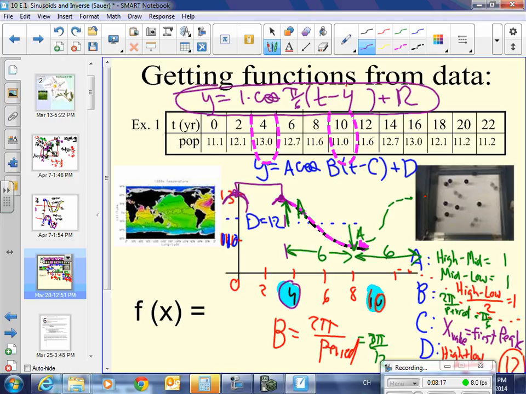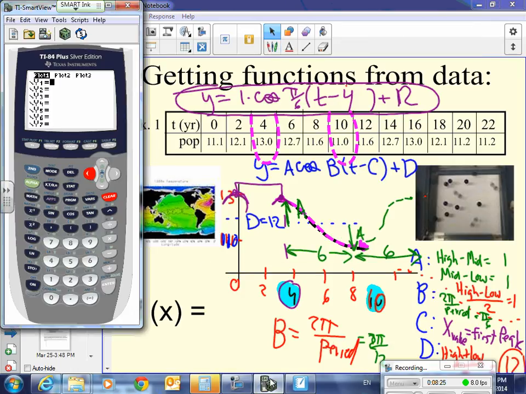But wouldn't it be cool if we could actually test it to see how well it fit? It's real data. Maybe it doesn't fit very well. Well, we can do that. Take your calculators out. Change that to radian mode, because degree mode is arbitrary.